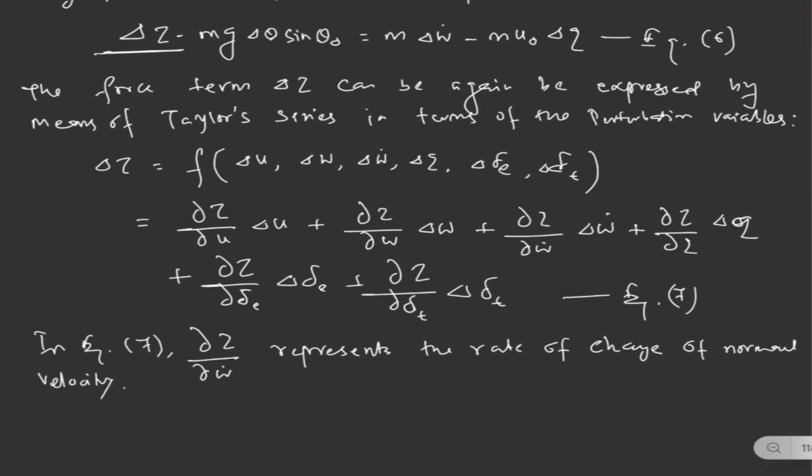If you combine equation 6 and 7, this is just for understanding del z, and how it is going to influence equation number 7.